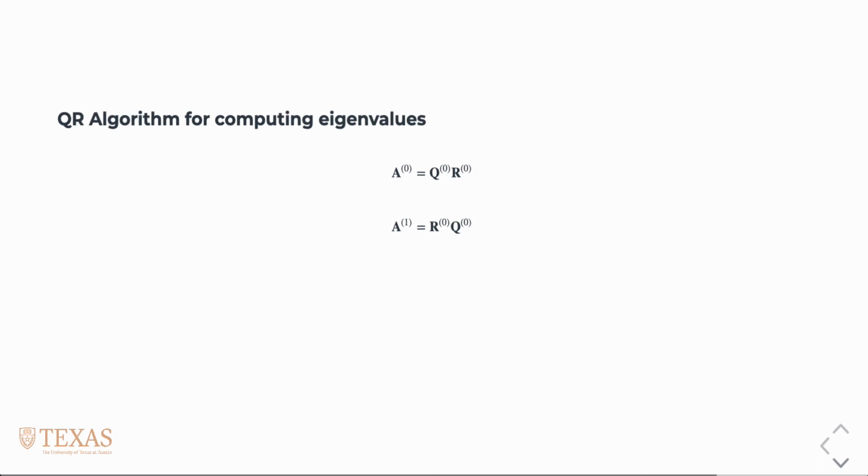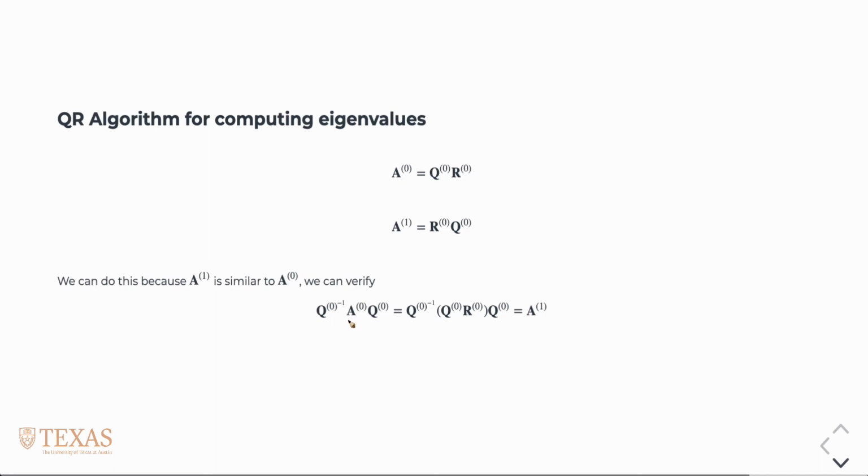Literally we just reverse the R and Q matrix and multiply them back together, and we get a new matrix A1, and then we continue to do this K times, the number of iterations. It turns out we can do this because the matrix A1 and A are similar. We can prove that quite easily by looking at this, and let's see what we did here.